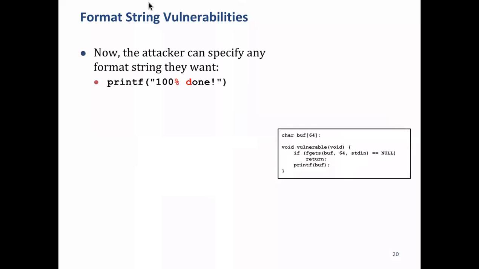Suppose you give this string as the one here. Now what will happen? Now this will be taken as input or a specifier, and then it will look 4 bytes up and print that out.